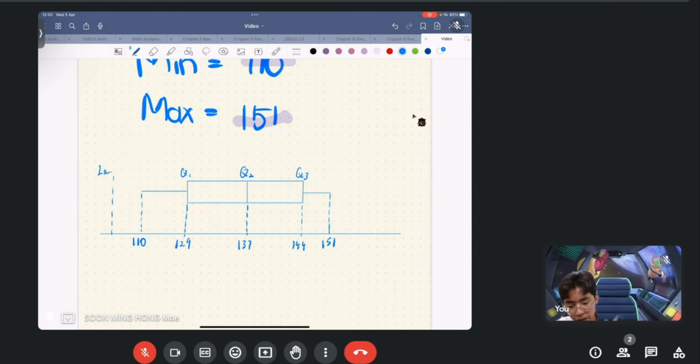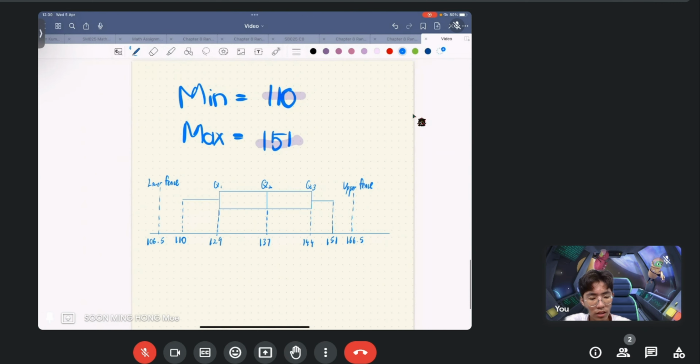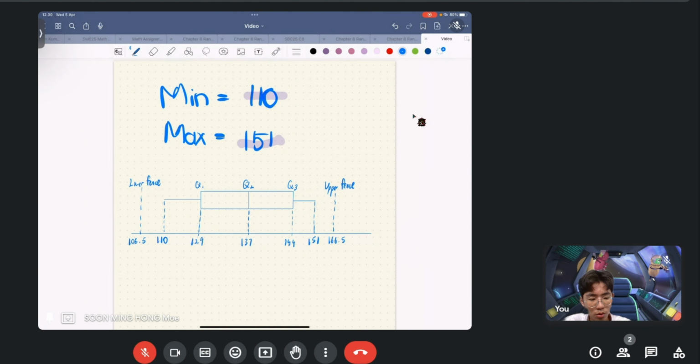This is our lower fence. It is 106.5, and our upper fence, it is 166.5.